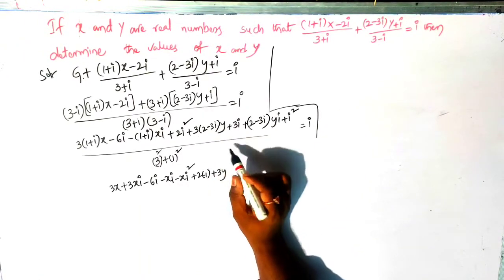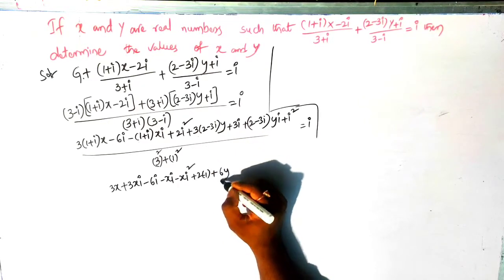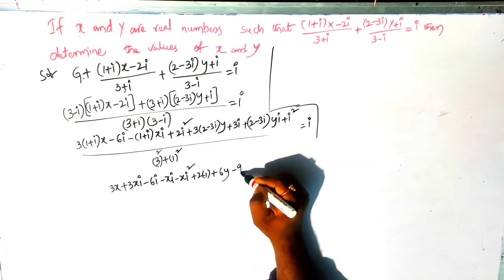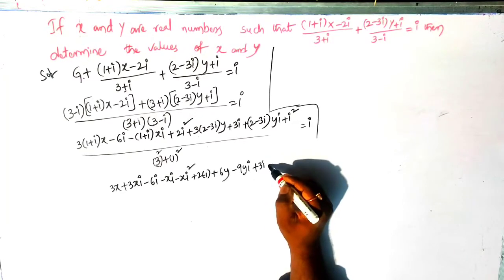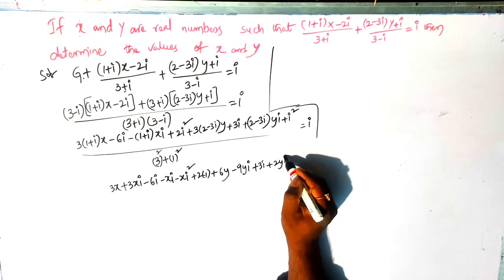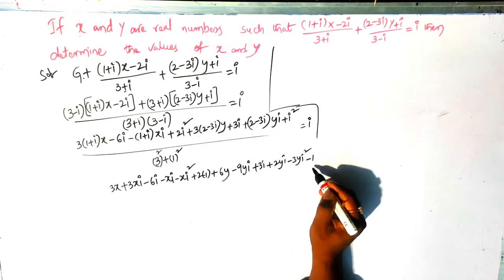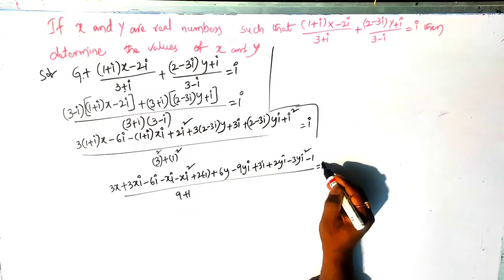So 3y into 2, that is nothing but 6y. Okay, next minus 3 into 3 is 9yi we get here, plus 3i plus 2yi minus 3yi square minus 1, divided by 9 plus 1, that equals to i.